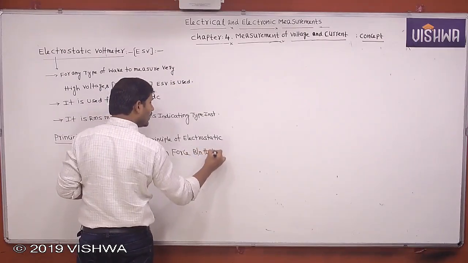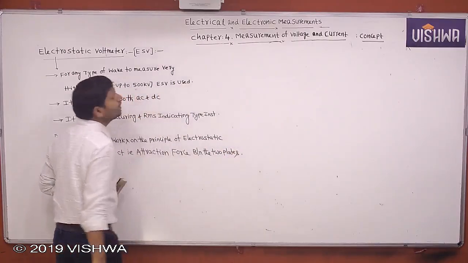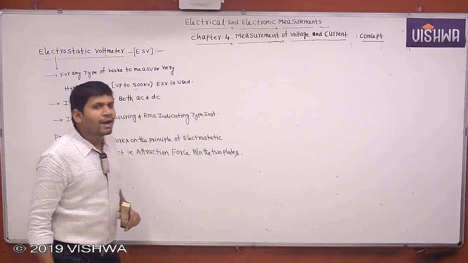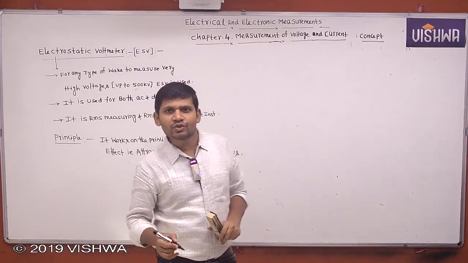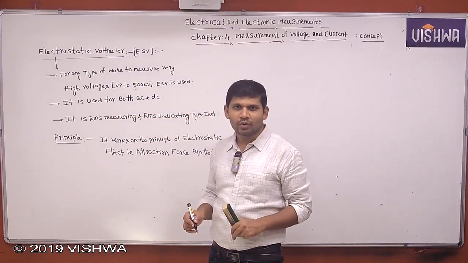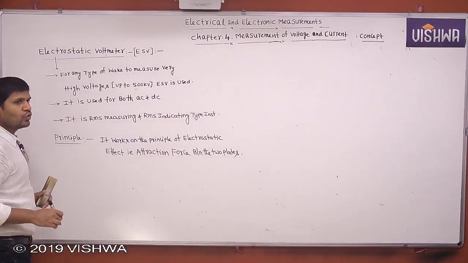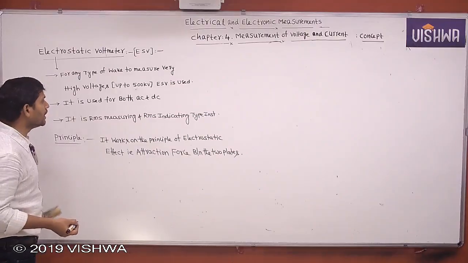We don't have any repulsive principle in the case of an electrostatic instrument. Attraction and repulsion are there only in the MI instrument. In the electrostatic instrument, it is the attraction principle only, the attraction force between the two plates due to applied voltage.